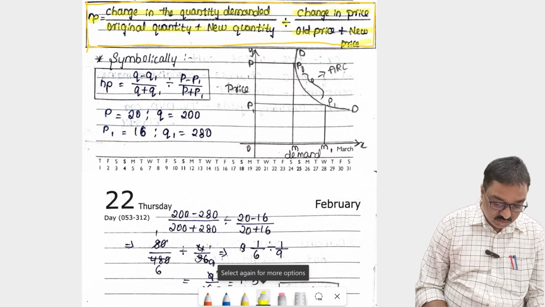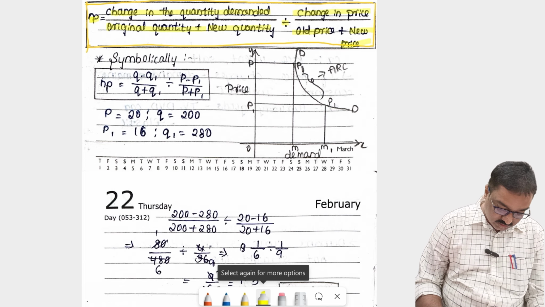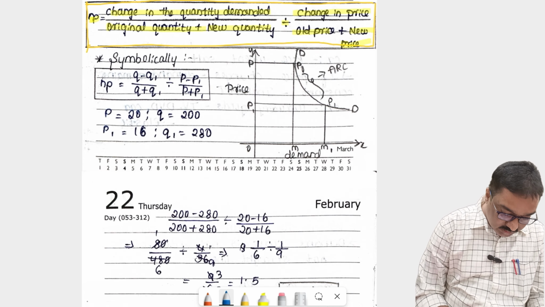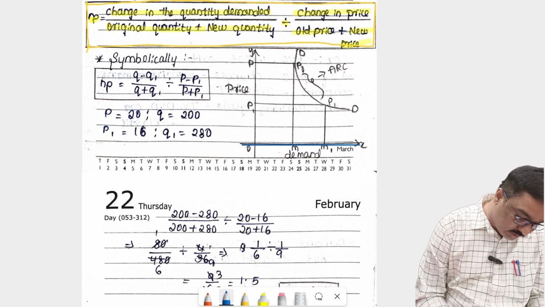Before going to that, we first have to draw the graph. This is the x-axis, this is the y-axis.